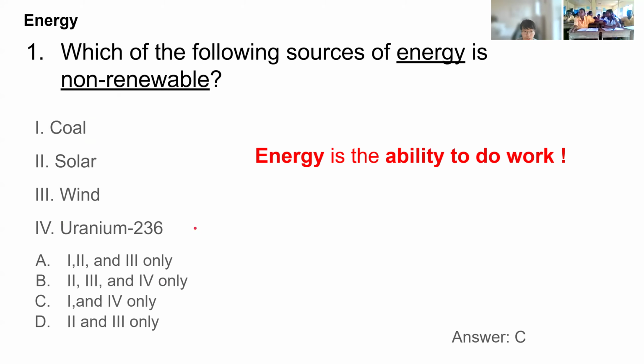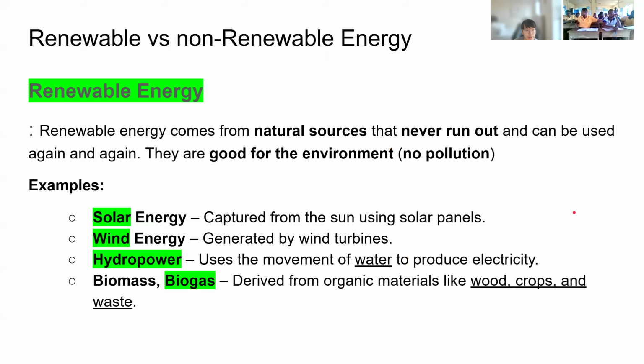Uranium is also not usable, but it is often preferred by many industries because it is a very strong source of nuclear energy. But solar and wind energy can be sort of recycled after energy is used, as we will actually see on the next slide.